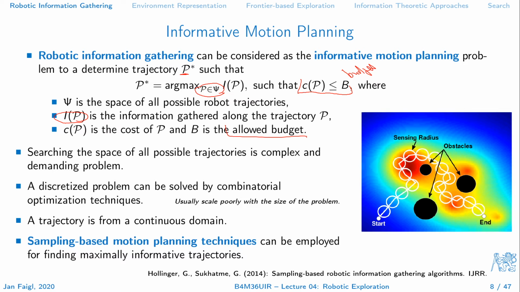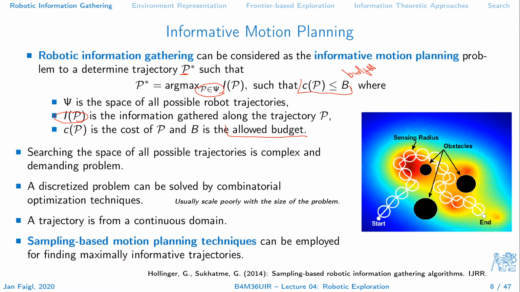But of course in general it's very complex and demanding, and we can discretize the problem and use combinatorial optimization techniques, but usually these scale poorly with the problem size. The trajectory is usually from a continuous domain, so we can sample the continuous domain, and that's related to sampling-based motion planning techniques, as did Geoff in this paper.